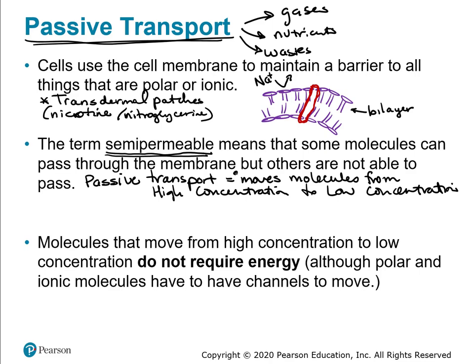And that's one of the criteria. The other thing is that there's no energy required. What I mean is it happens automatically. Osmosis, diffusion, facilitated diffusion, all of these are examples of passive transport.